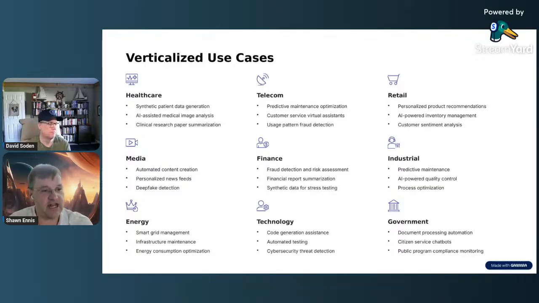AI-assisted image analysis. The first thing that comes to mind is breast cancer. There was a very famous study where, if you go for surgery for breast cancer, there's a 9 to 10% chance that they don't get it all.